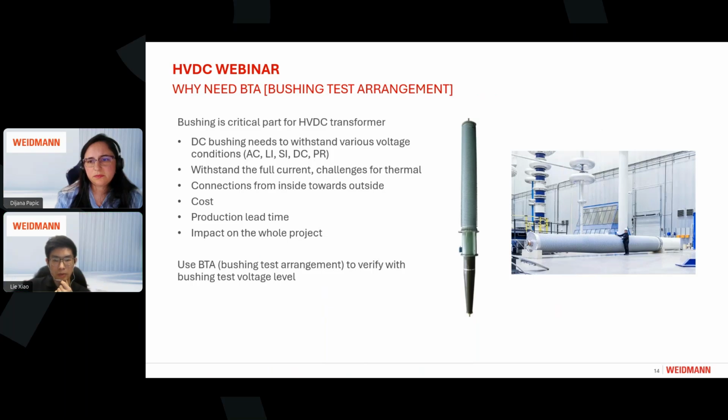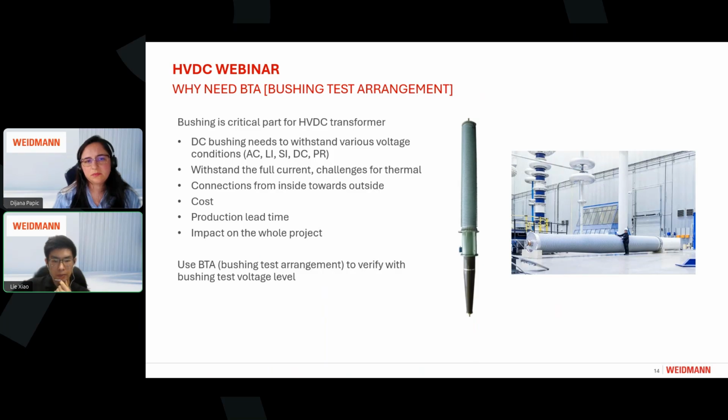So now we are talking about bushing. Bushing is a core equipment of the DC transformer because it integrates the electrical connection, mechanical support, and so on. And it needs to go through various type tests and routine tests, like AC withstand, lightning impulse, switching impulse, DC withstand, and polarity reverse. So it acts like a joint between the DC transmission line and the converter transformer or the HVDC transformer.